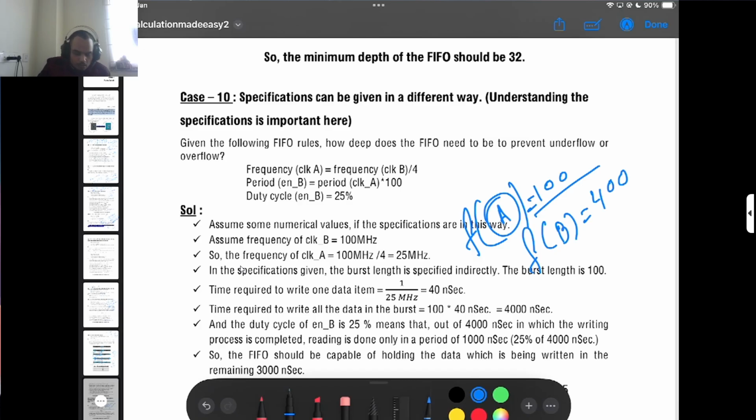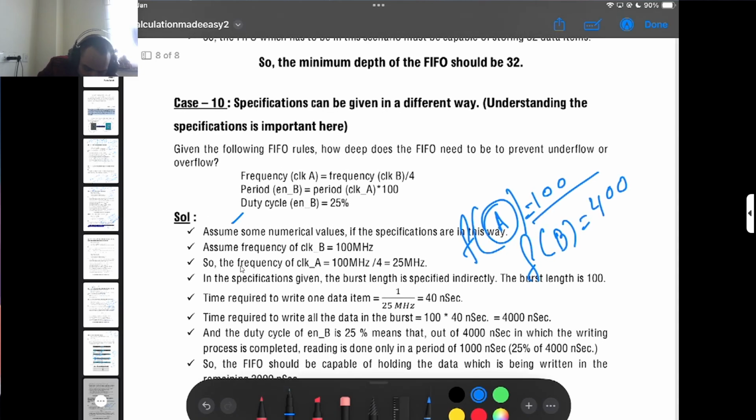Suppose this is my clock A, and what it's saying is the frequency of clock B. If A is 100, then the period of enable B equals the period of clock A times 100.